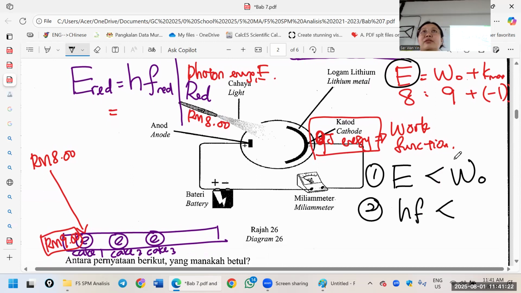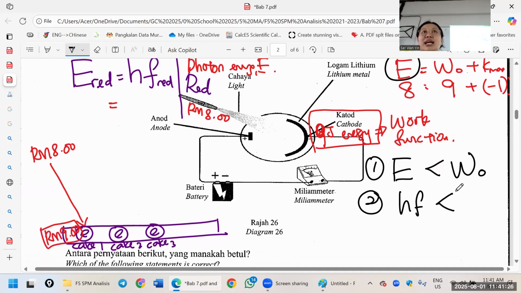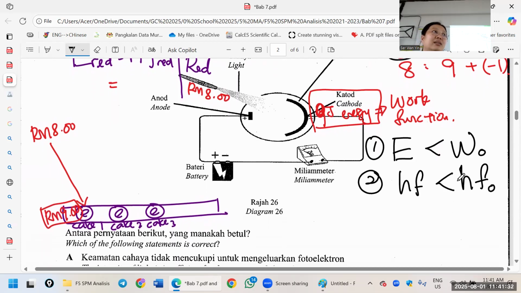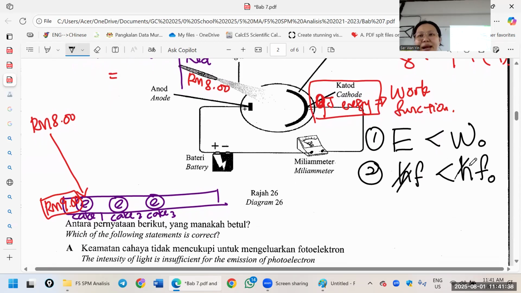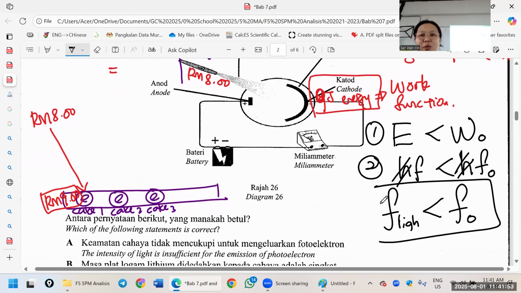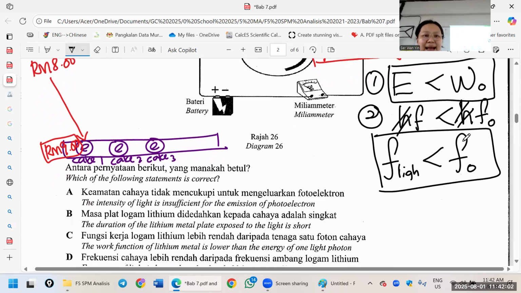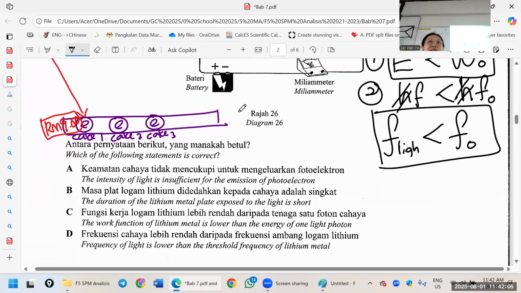What is the formula for work function? hf naught, where f naught is the threshold frequency. So if we cancel the Planck constant, we get light frequency is less than threshold frequency. So these two reasons. We always compare frequency with frequency, energy with energy. So now which statement is correct?